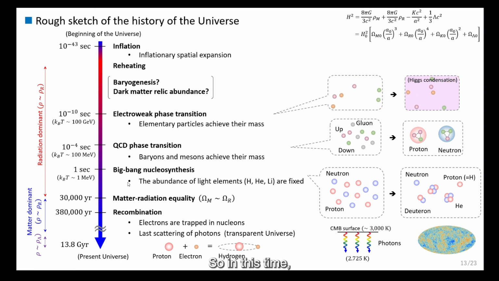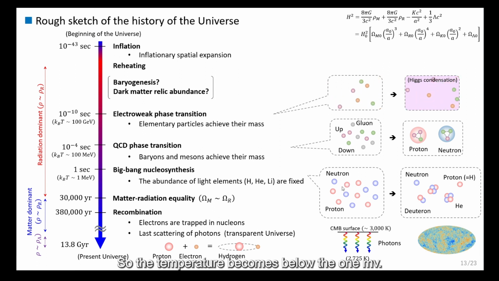In this era, the proton and neutron are moving freely, but after 1 second, corresponding to the 1 MeV energy scale of the temperature, the binding energy of the neutron and the proton is on the order of 1 MeV.